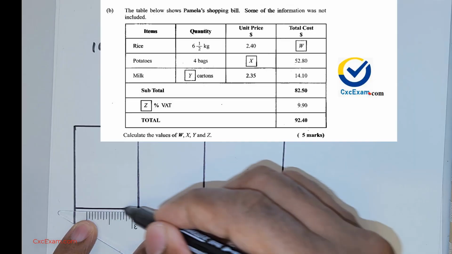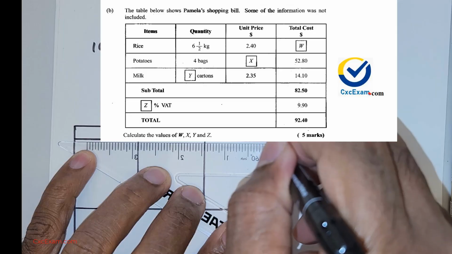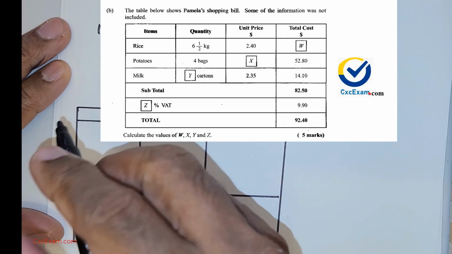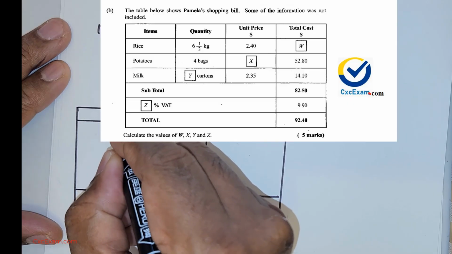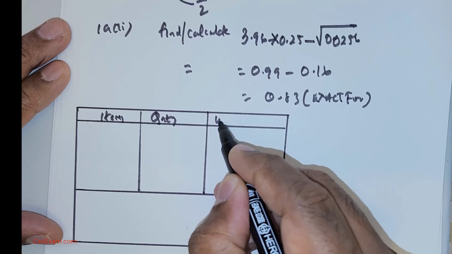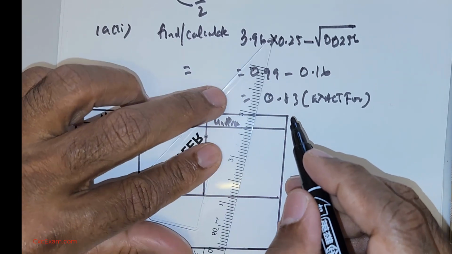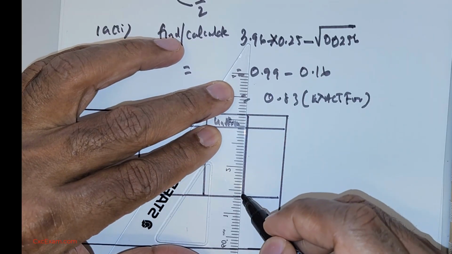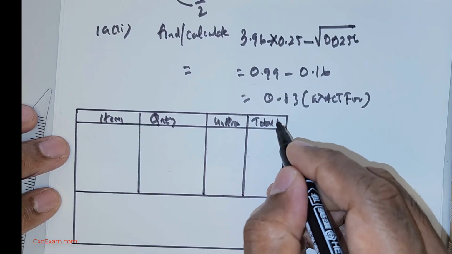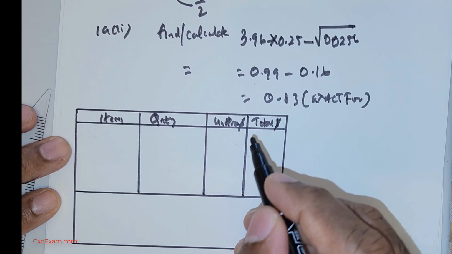Now this table is actually a representation of a bill from the supermarket. Okay, so you have items, quantity, unit price, and there is another thing called total. Total in dollars. So unit price is in dollars.